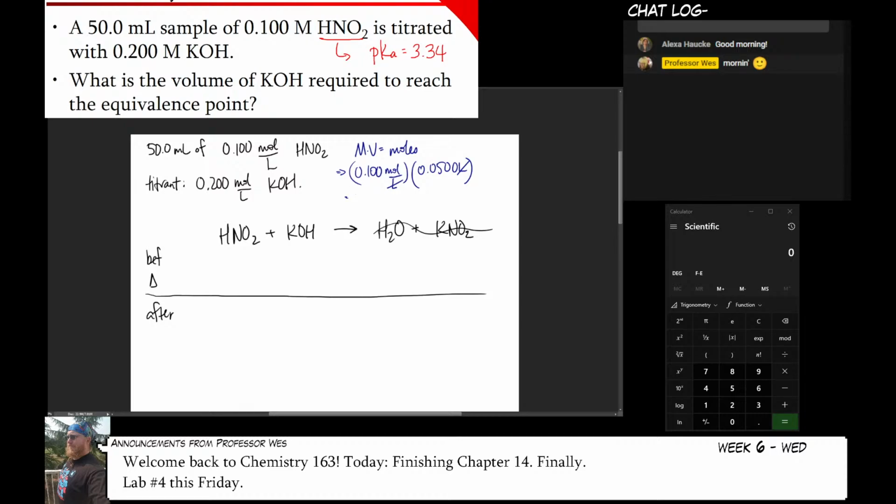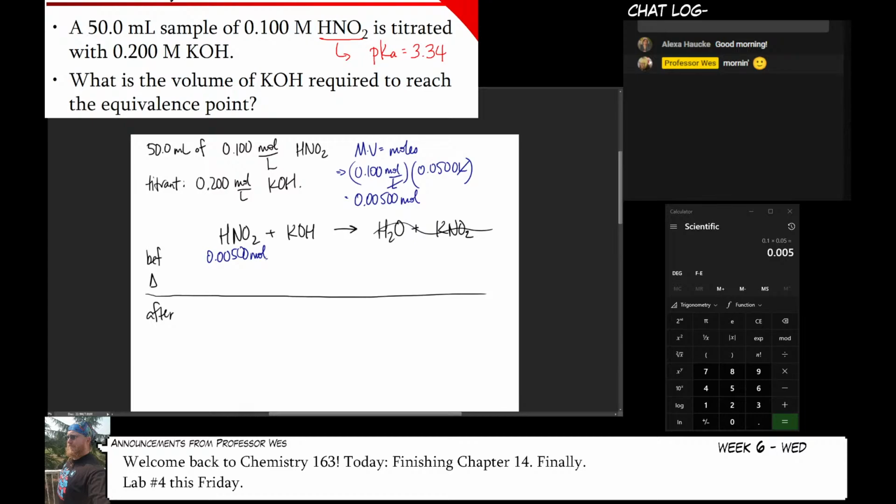And so that would just be 0.005 moles, I believe. So 0.1, 0.05. So that's how many moles of nitrous acid are in our beaker.